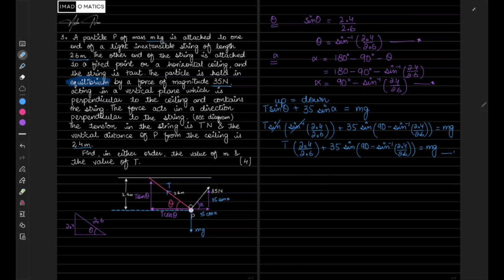Second equation we will be getting from right equals to left forces. So we know in equilibrium, right forces are 35 cos alpha, which must be equals to T cos theta.